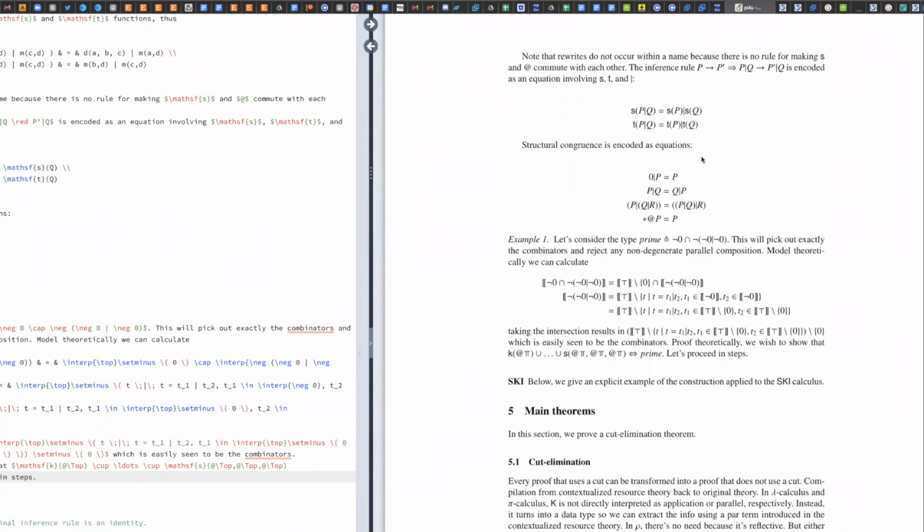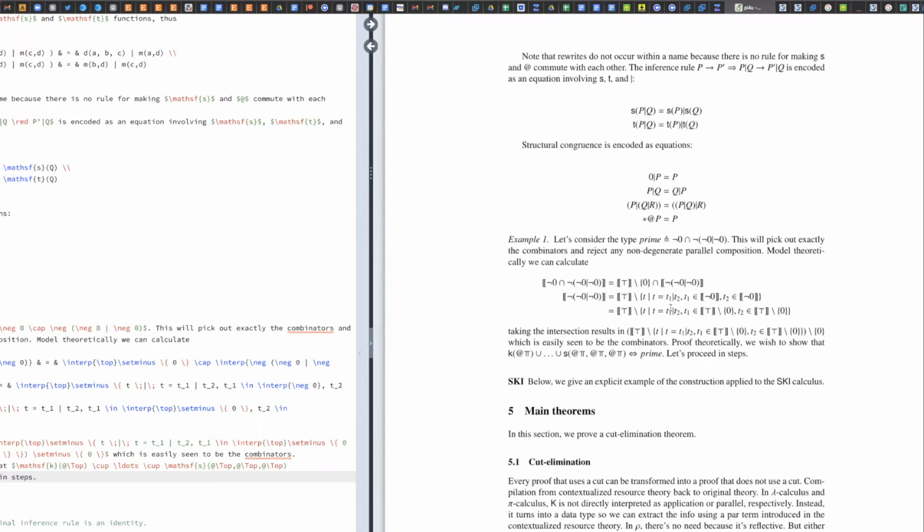Prime is a very interesting formula, right? It says it's not the identity, and it's not the composition of things which are not the identity. That's the prime formula.